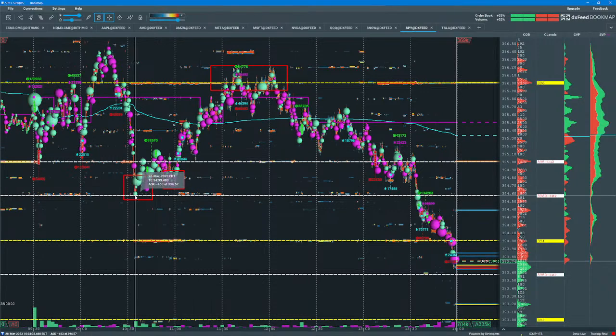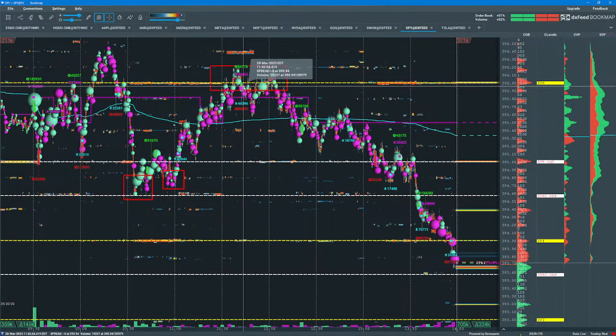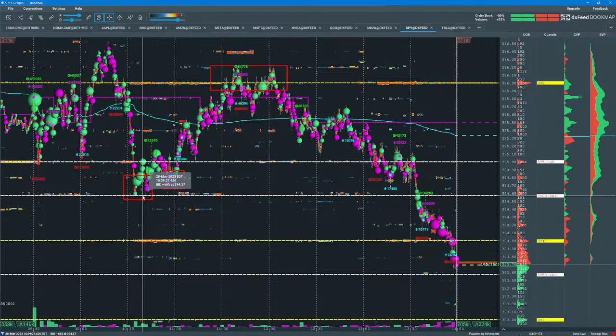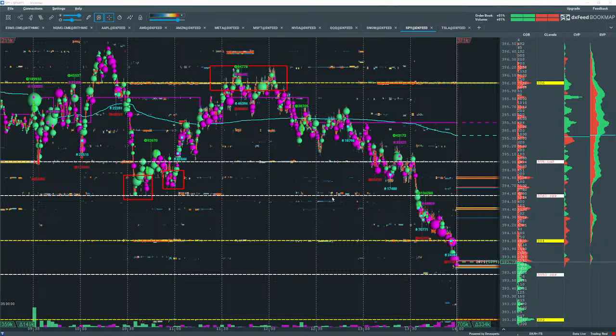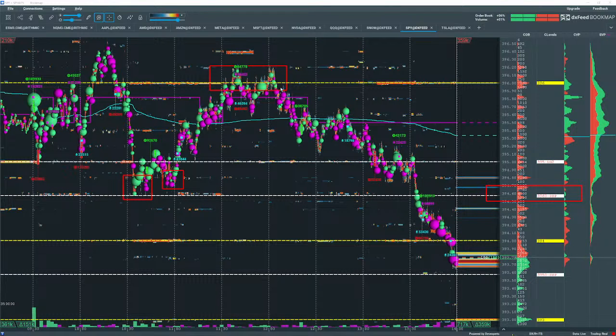And there is the reversal higher at the same time at the 3960 support level. A move up to the 396 level, and now price is heading lower. And this could be after the European close.